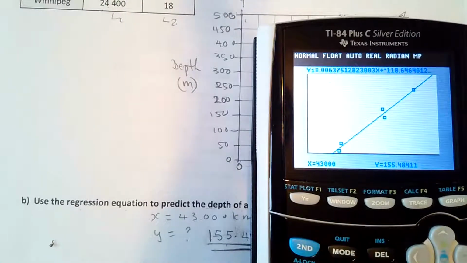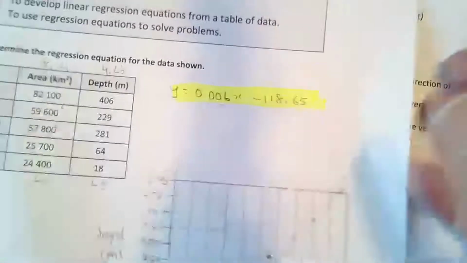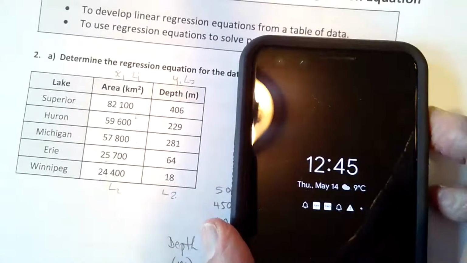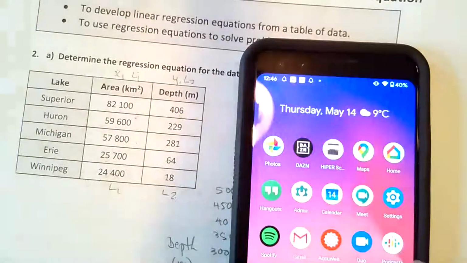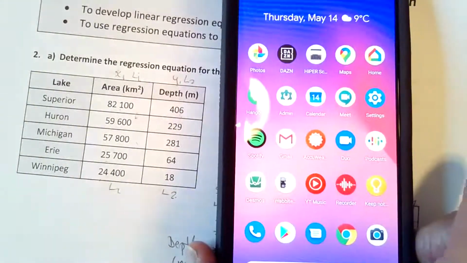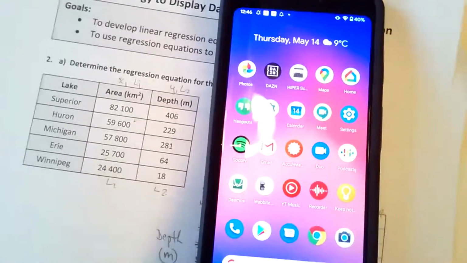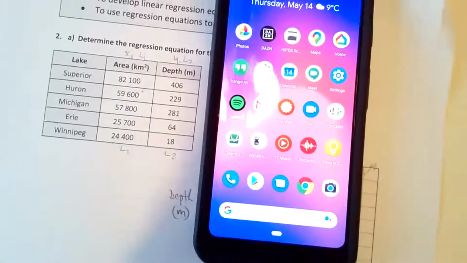Okay. Now we're going to go into Desmos and do the same thing. You can use your phone. You can install the Desmos app, and you can do the same thing.